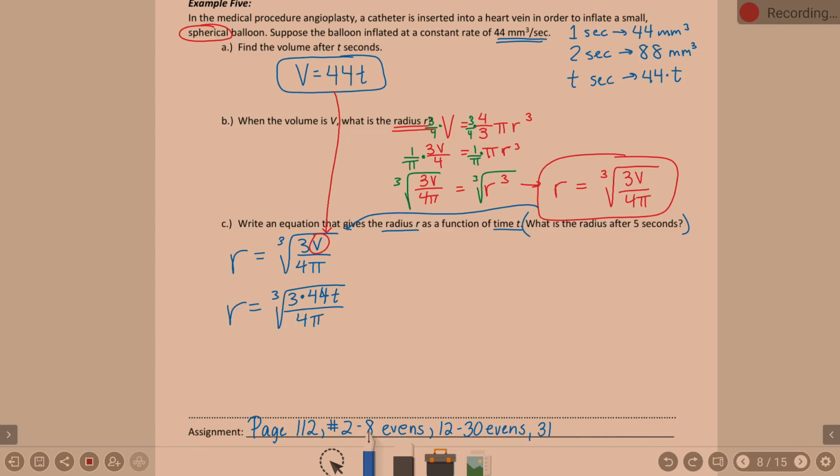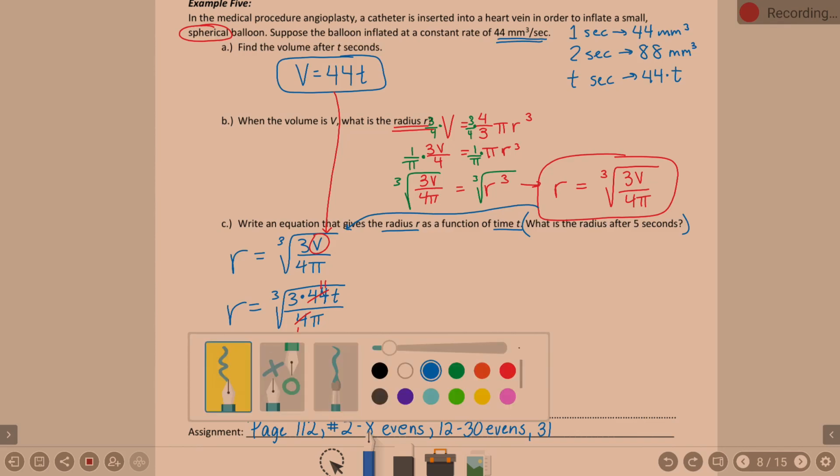What do you see in that fraction that can cancel? 4 and 44 both divide by 4. 4 divided by 4 is 1. 44 divided by 4 is 11.